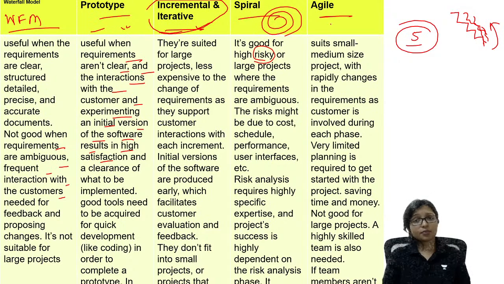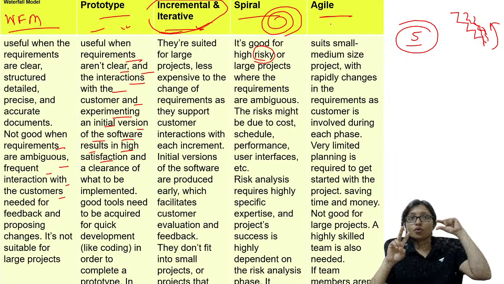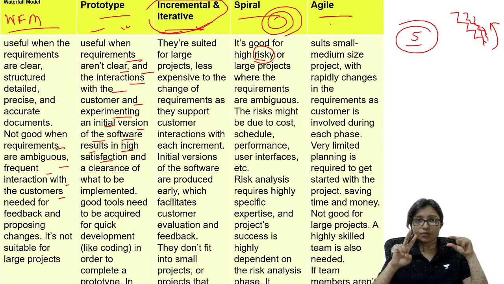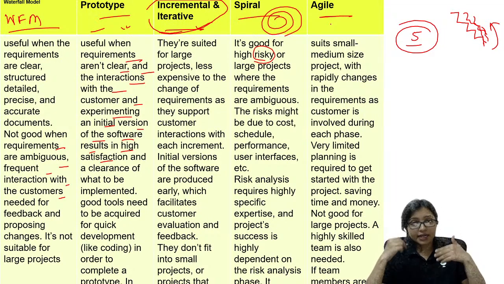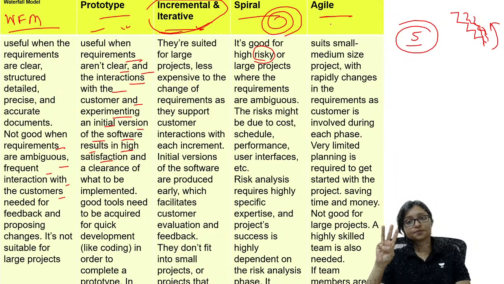Agile model is very important. First of all, customer involvement is a very important part in the Agile model. Next important part is it will be divided into small sprints, like 1 to 3 weeks. Each and every sprint will be within 1 to 3 weeks. Every iteration we are sending it to the customer. If we get customer feedback, anytime any changes can be done.